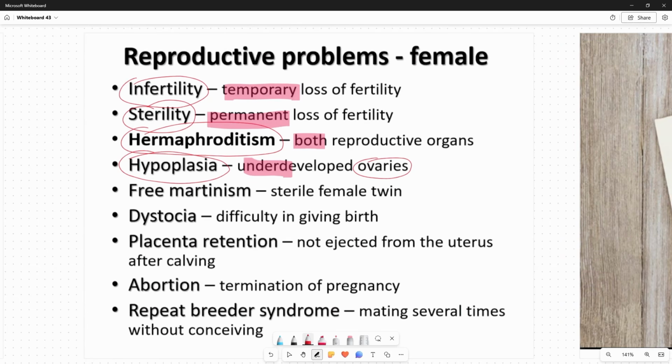But here are some of the interesting other reproductive problems that are affecting the female animal. One of them is freemartinism. So if the female animal is a twin and they are of opposite sex, one is a male, the other one is a female, during gestation, during pregnancy, they are in the same uterus.